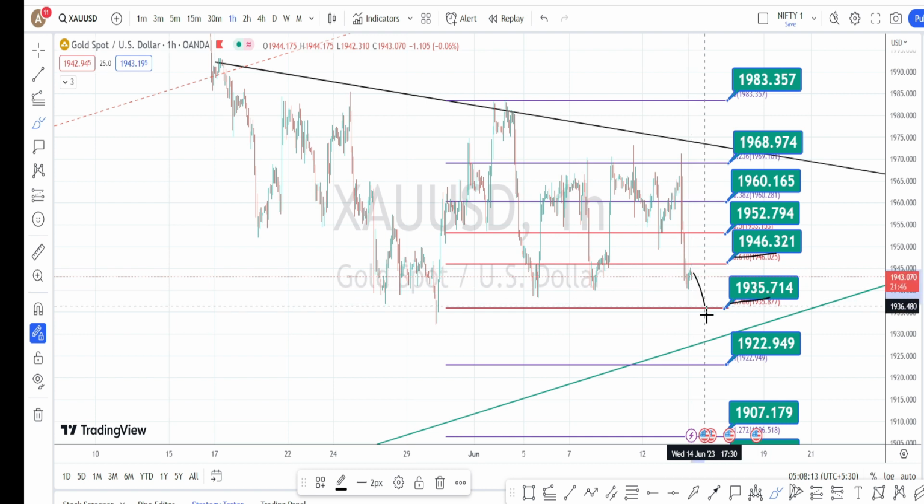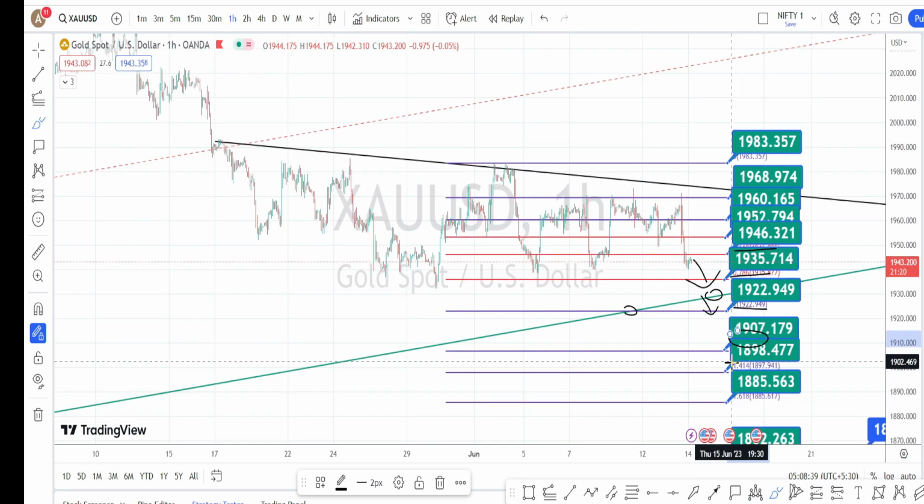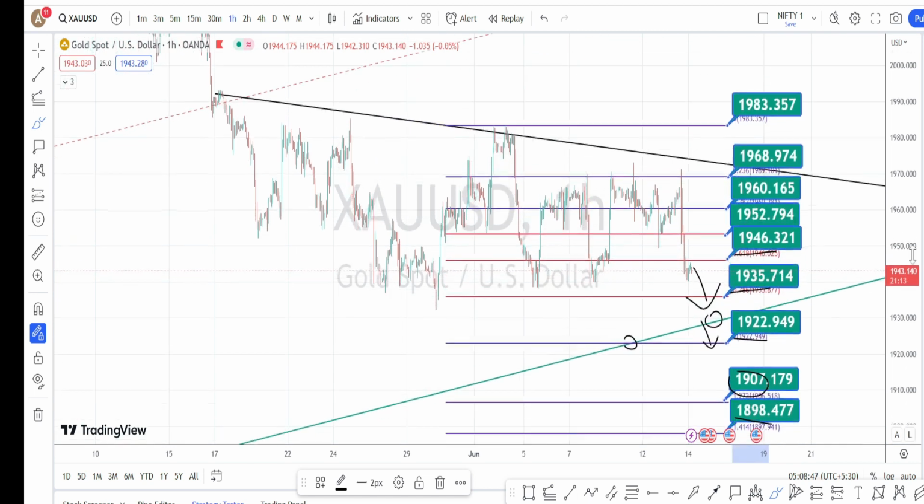Once the price action breaks this support level of 1935 and continues its bearish side retracement, next level of support is going to be the daily time frame trend line or the support line, and if this support level is breached, next level of support is going to be the support level of 1922, 1907, 1898, 1885 and 1862 on the bearish side.